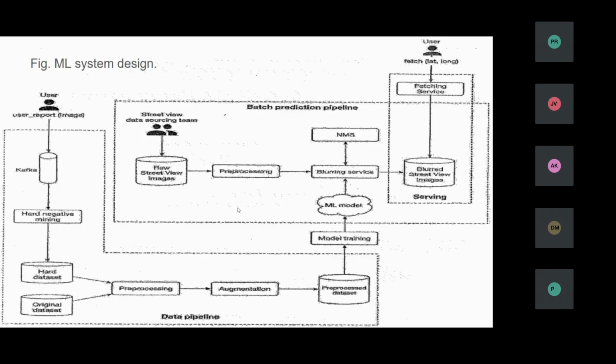As you can see, the user has fetching services on the top right, and let's say the user came across an image that he has a complaint about, for example a falsely detected or unblurred human face as well as license plates. As discussed before, we will also be using online metrics for our evaluation.